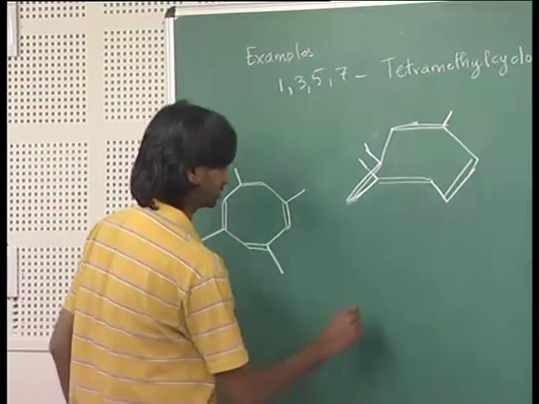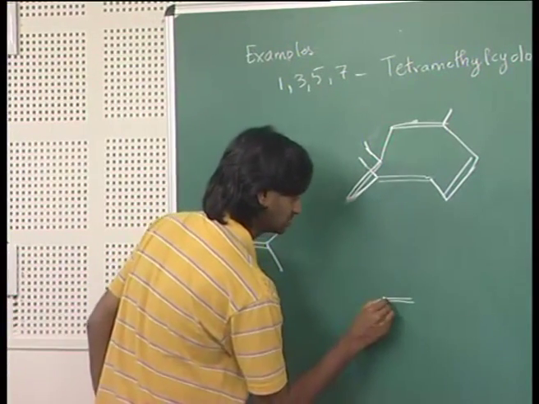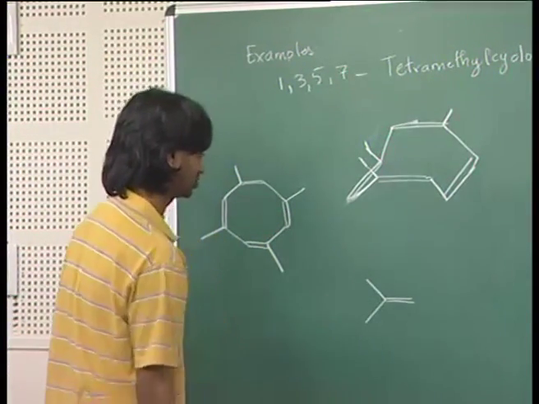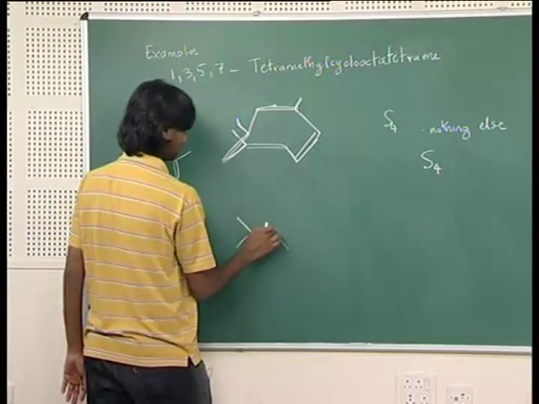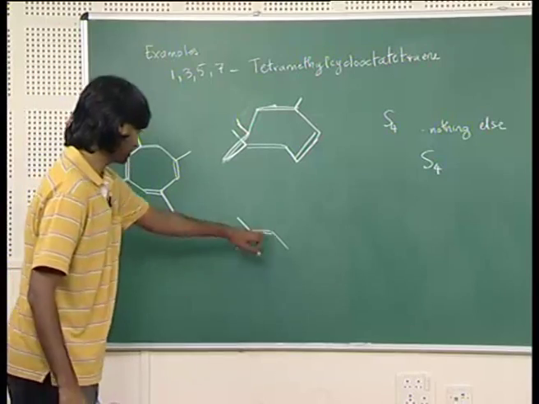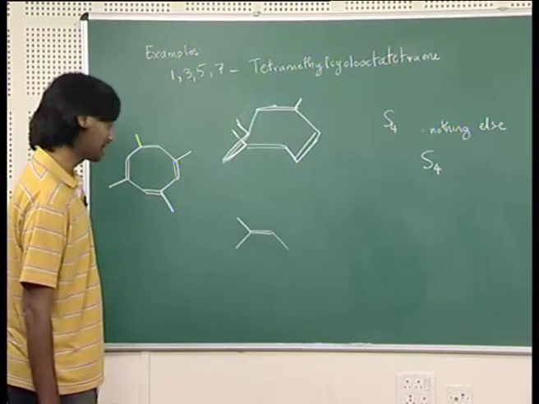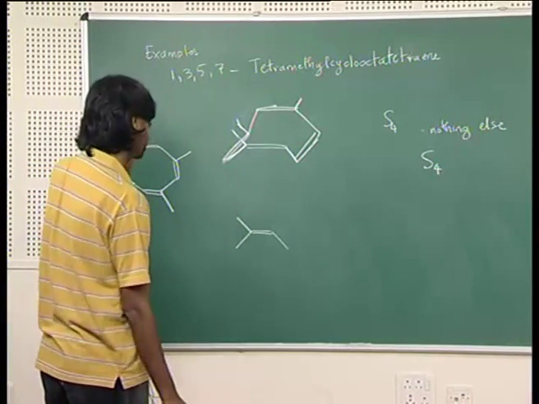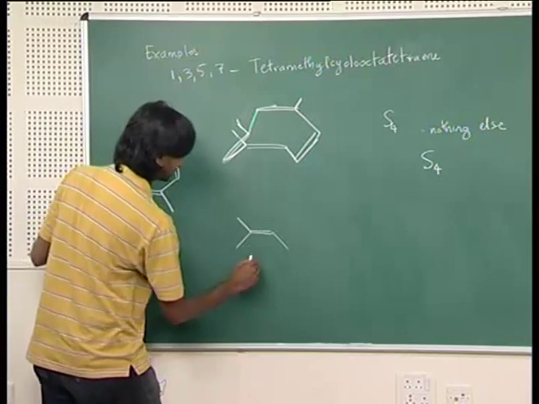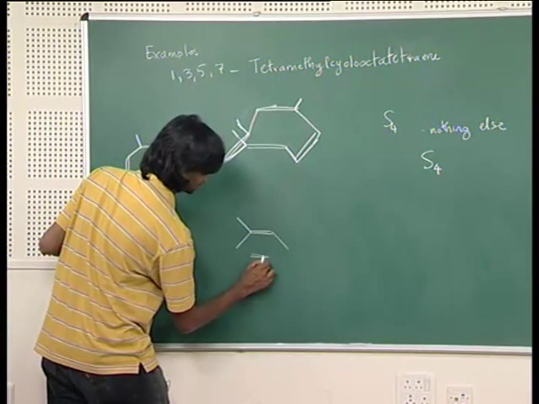We'll write this out here. So you have a methyl group. The methyl group comes this way, and you have this coming this way. You have a hydrogen here. Now, directly behind this, in the plane of the board, you have another such group. I'll show it in front. It will be something like this.